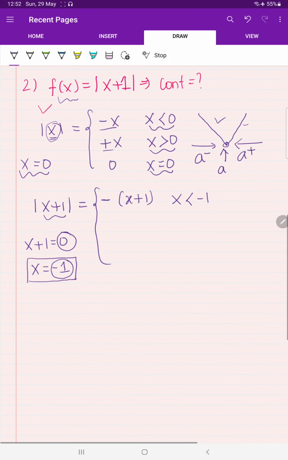With the help of the breaking point, you can break it into left half and right half. Left half will be minus of your given function, right half means plus x plus 1, and that will happen when the value of x becomes greater than minus 1. Okay sir. Suppose the value of x is exactly equal to minus 1, then what will you get? You will get 0. So, now we learned how to break this mod function.